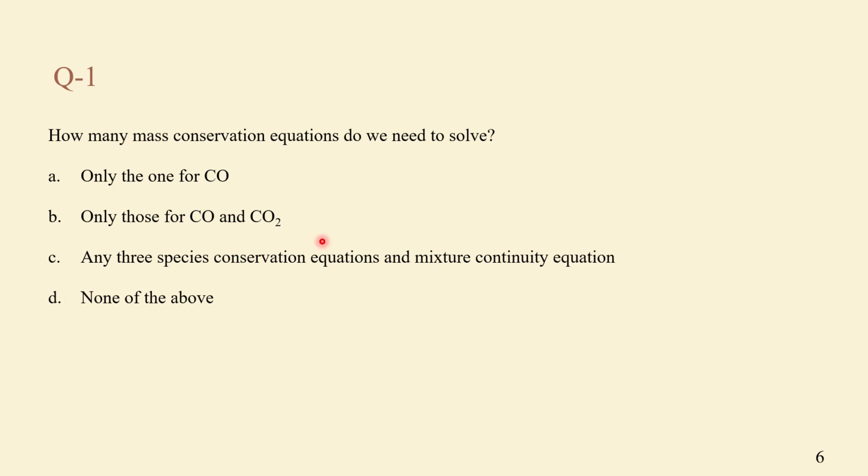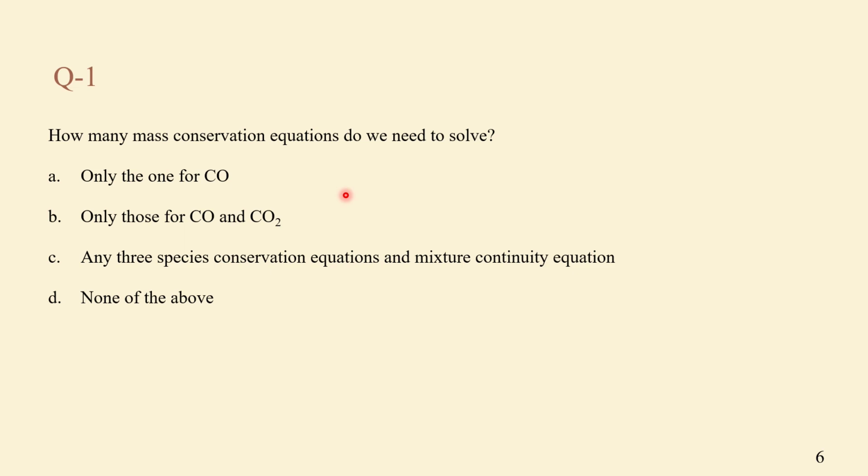Option D, none of the above. So how many species are we having? On the reactant side we have carbon monoxide plus steam, giving carbon dioxide and hydrogen. So on the whole we have 4 species in the system and 1 continuity equation.